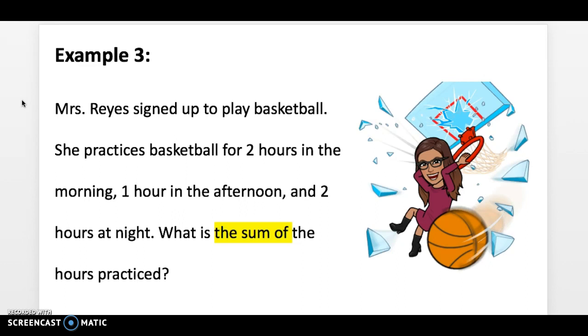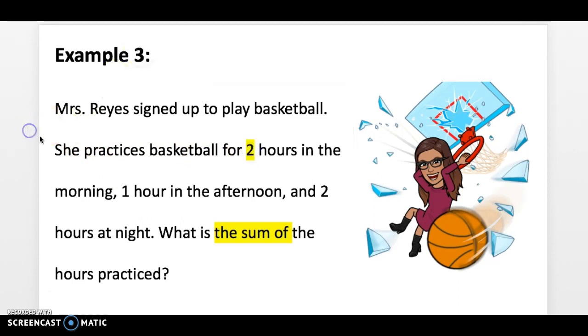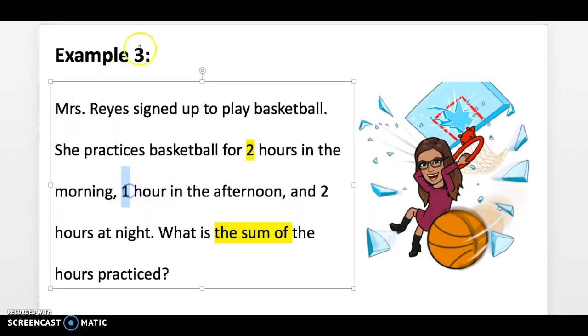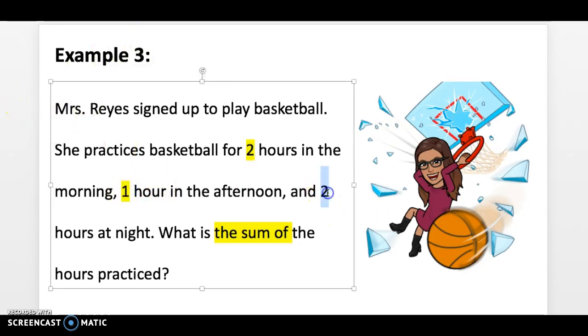The next thing I need to do is look for the important information in order to solve this problem. I'm going to take out the numbers that I see. She practices basketball for 2 hours in the morning. She practices basketball for 1 hour in the afternoon. And she practices basketball for 2 hours at night.